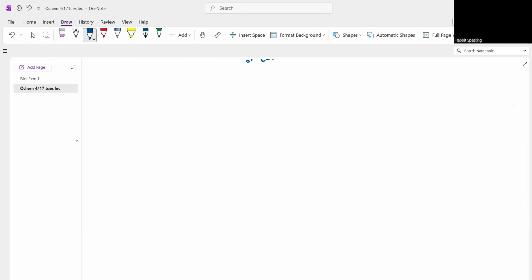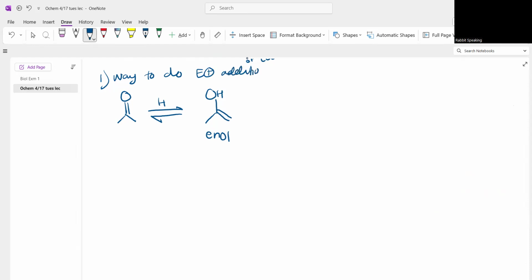and kind of returning back to our enol we formed earlier. So ketone, take acidic conditions, then we form OH, and I'd say this is the enol over here. This is one way to do electrophilic addition reactions.